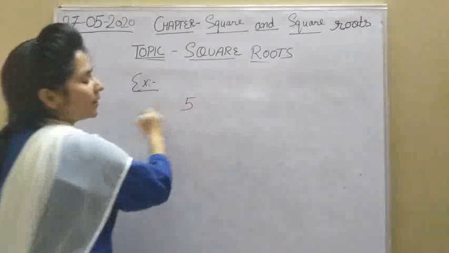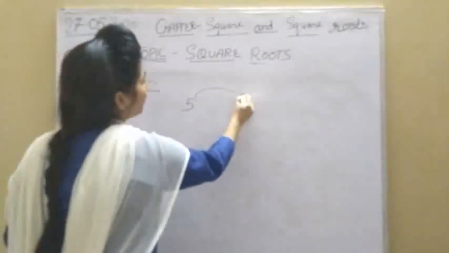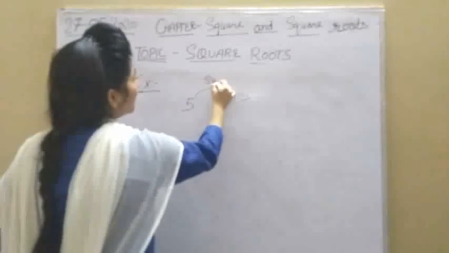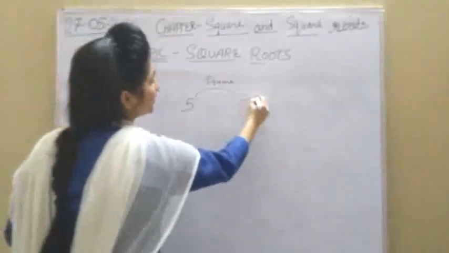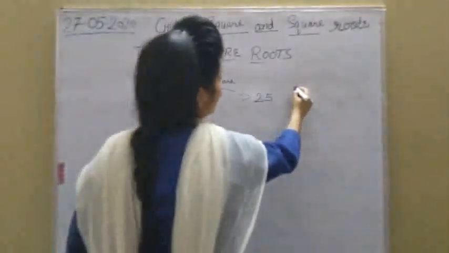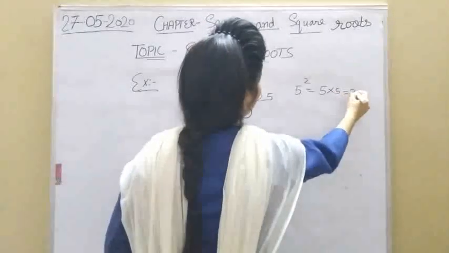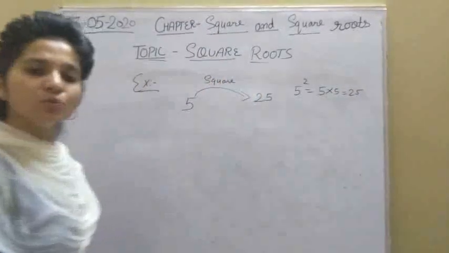We have a given number 5. And we know that the square of the 5 is 25. The square of the 5 is 5 multiply 5. It will be equals to 25.